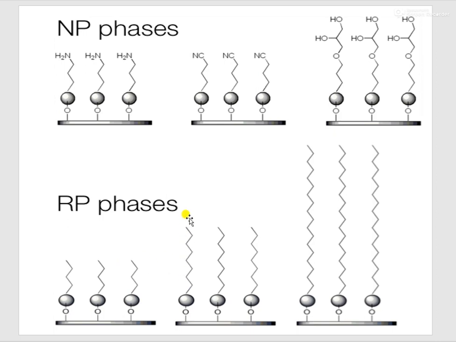This is a C8 group, an octyl group attached to the silica backbone, so it is an example of reverse phase. And this is a C18 group attached to the silica backbone, so C18, octadecyl group attached to the silica gel backbone, is an example of a reverse phase stationary phase.